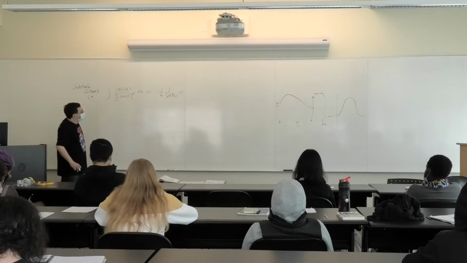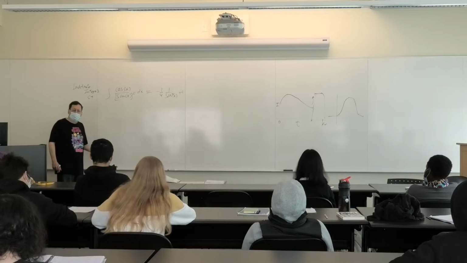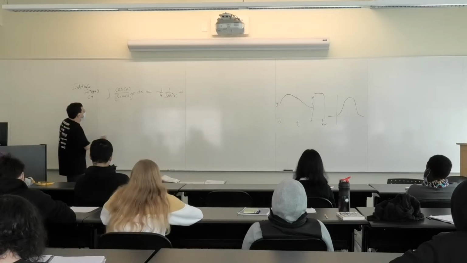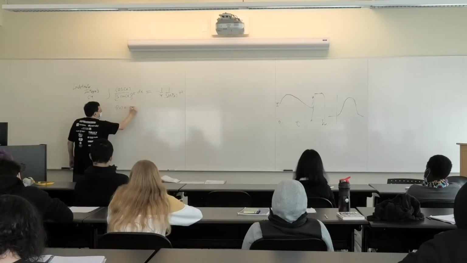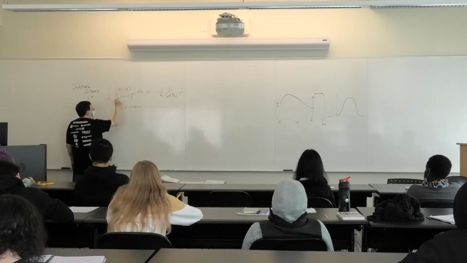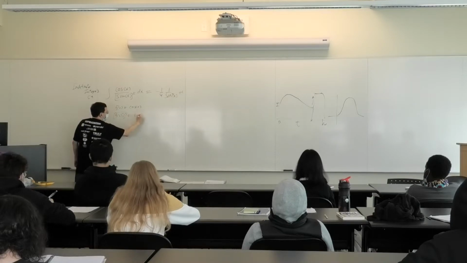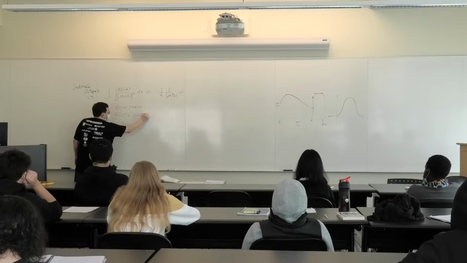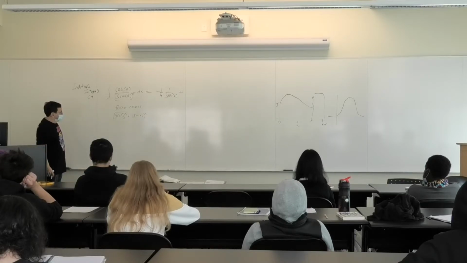Well, if you're not clear on how to get there, if you notice cosine is the derivative of sine, you could use that formula, or you could kind of power your way through it.